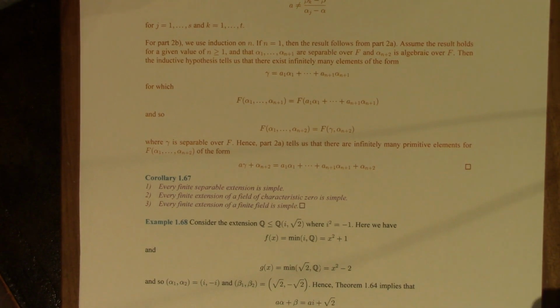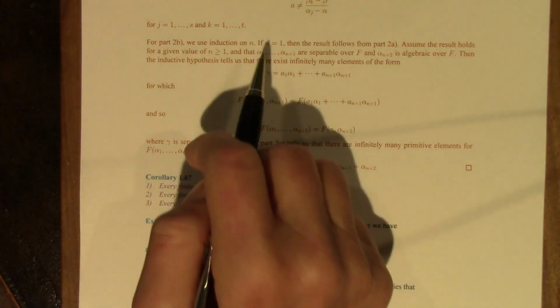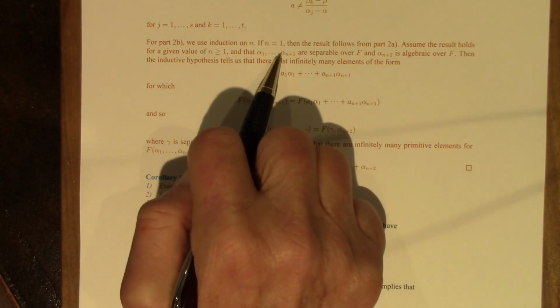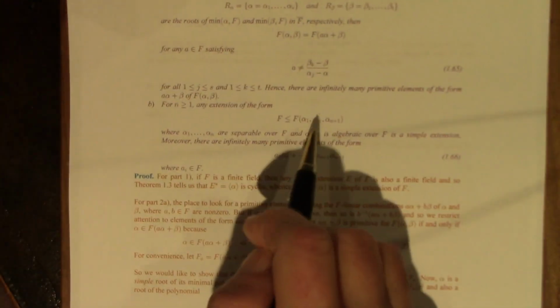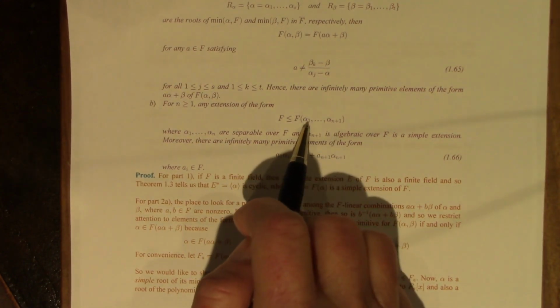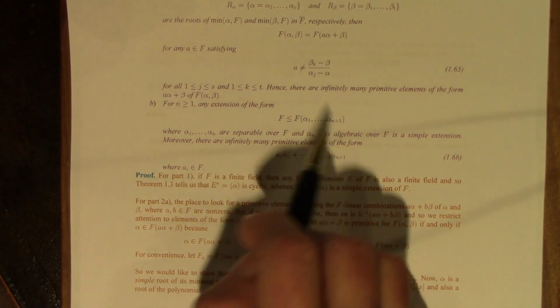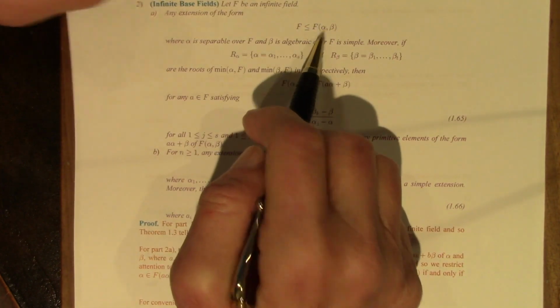For the other part of this, part 2b, we can use induction on n. When n is 1, if you recall, we have n plus 1 elements here in the statement of the theorem. When n is 1, we have one separable and one algebraic element, so we are under the previous situation, the previous case.